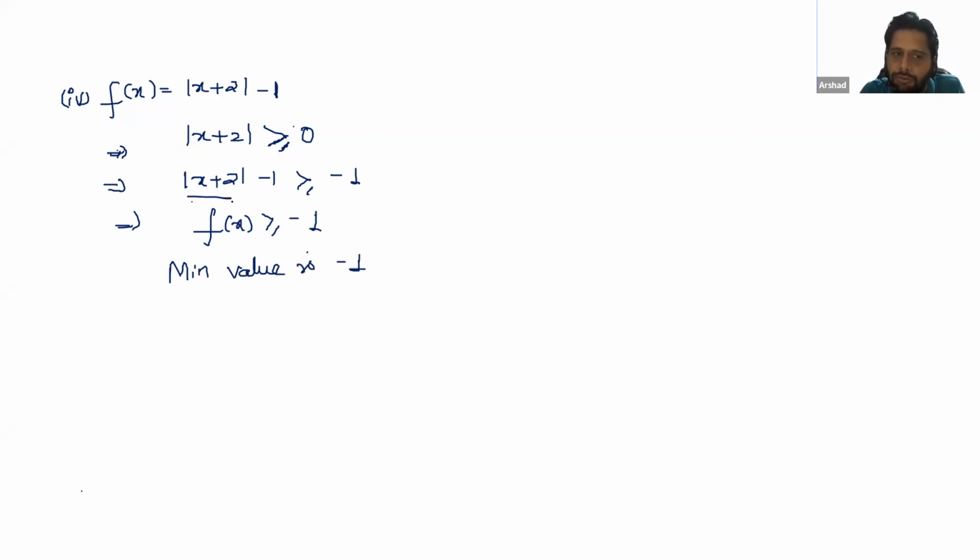When this is 0. This will be 0 for x equal to what? Mod x plus 2, so x equals -2. Very good. At x is equal to -2. And this function does not have any maximum value, because f(x) is greater than or equal to -1. The minimum value is -1.